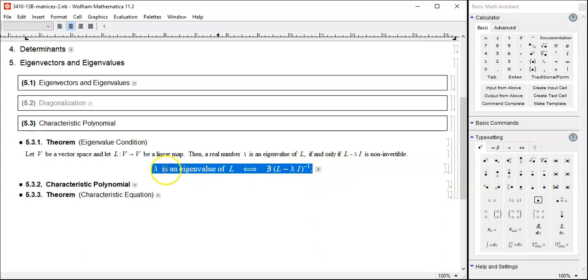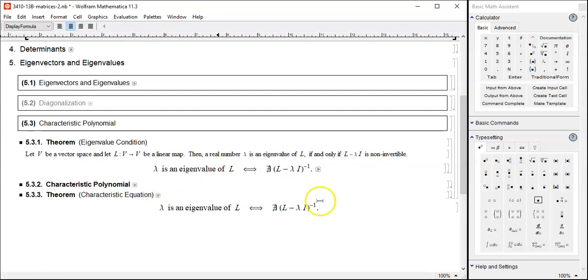Now, what do you mean by non-invertible? It turns out non-invertible means the determinant is 0. So lambda being an eigenvalue of L is equivalent to this.